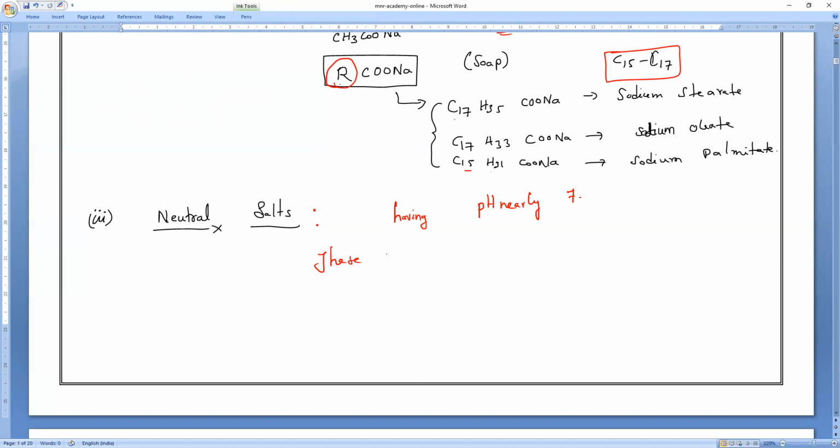Remember, these are formed by the combination of strong acids as well as strong bases. That is what you have to remember.